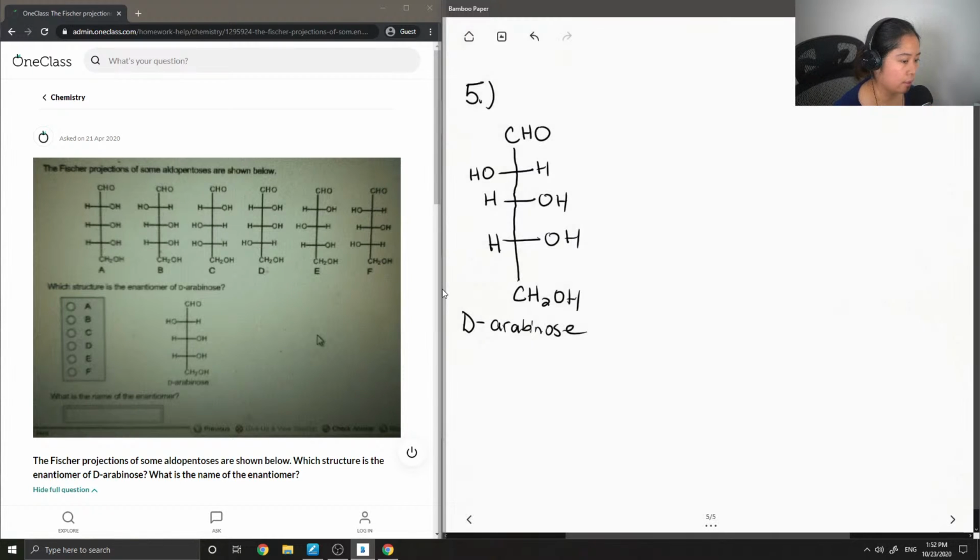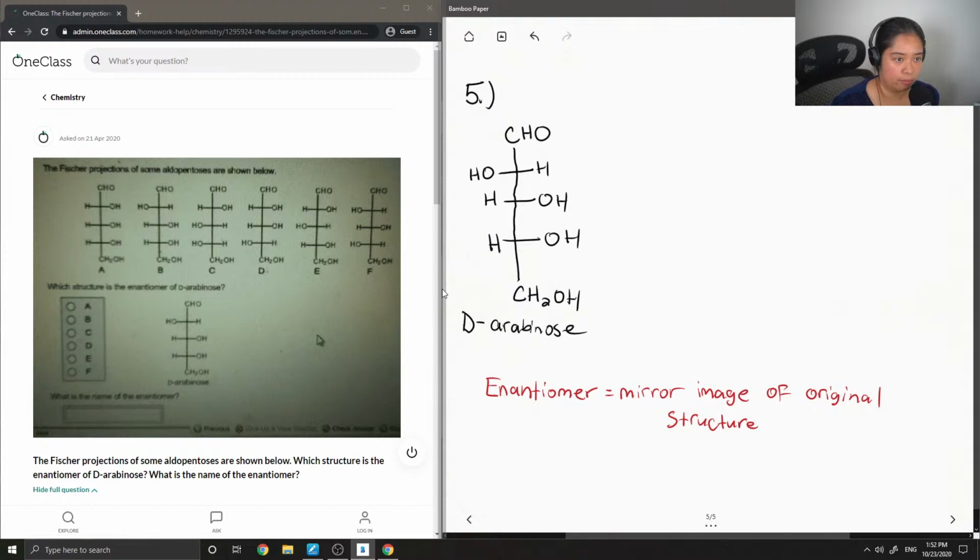And basically the definition of an enantiomer is that it is the mirror image of the original structure.